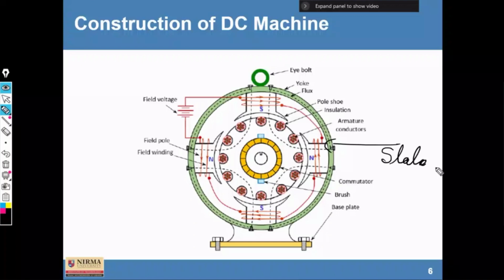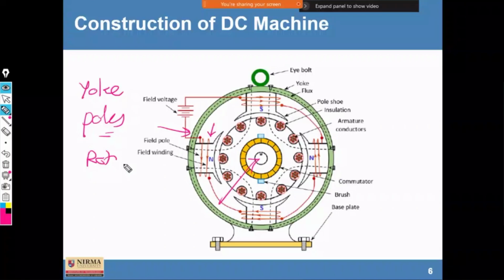What are the various parts? One is the outer surface, known as yoke. Fine. Then these are the poles. Then we are going to discuss the rotor, also known as armature. Clear? So we are going to discuss all these parts in detail.